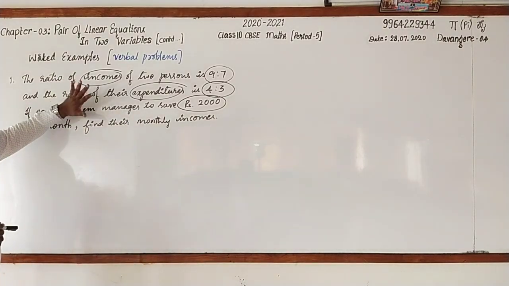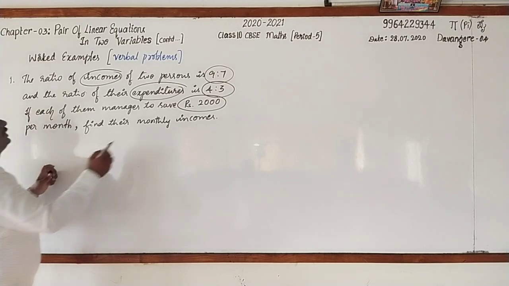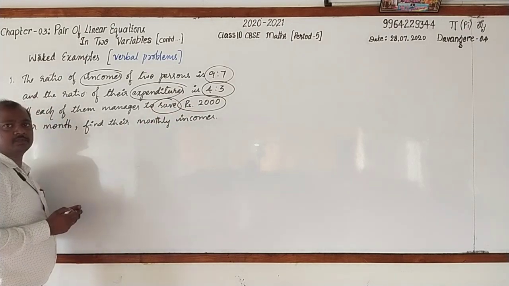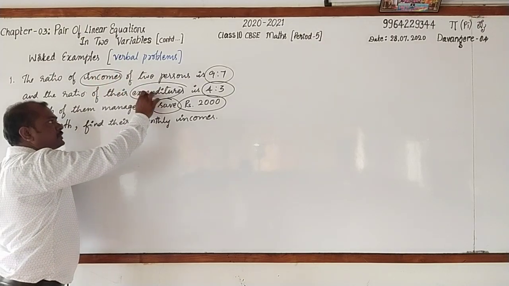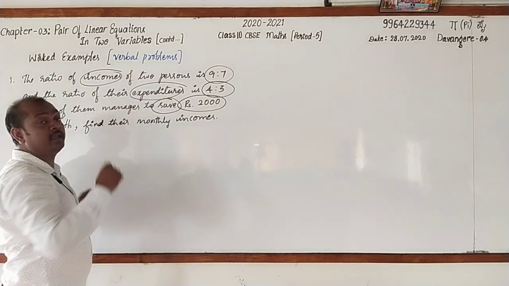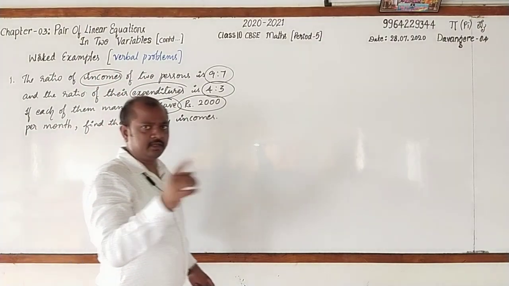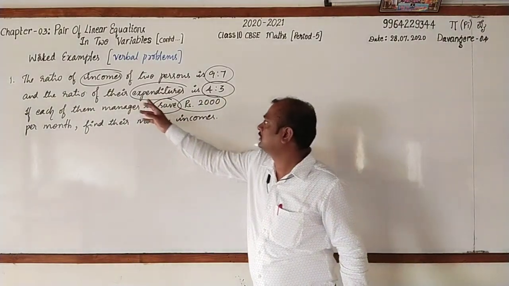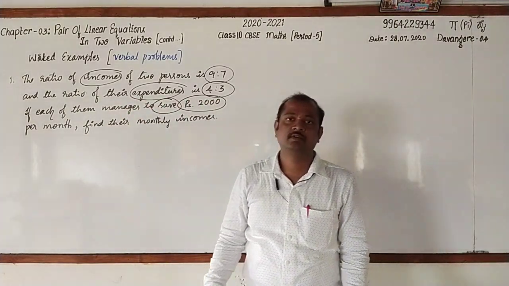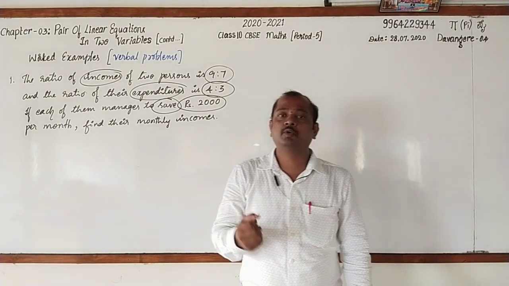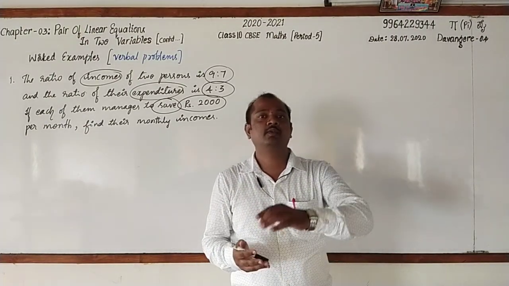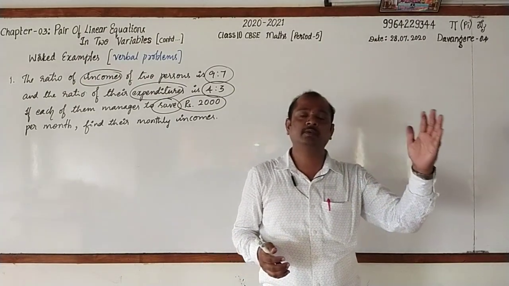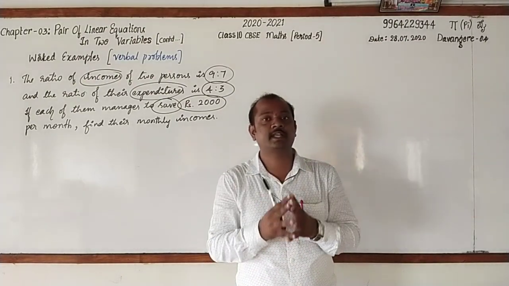Observe it. You can come to know that they have given 3 items. What are those? One is income, second one is expenditure, third one is savings. Is there any relationship among these 3? Yes. Whatever the amount earned by your parent, it is income. And they'll go for using it for different purposes. That is expenditure.